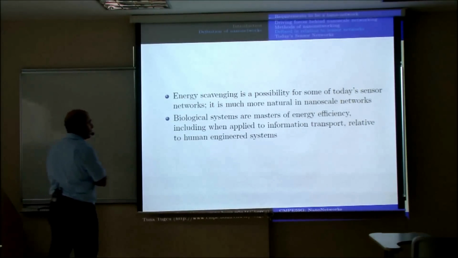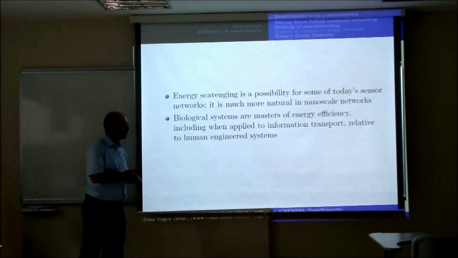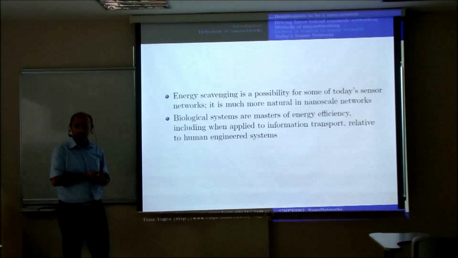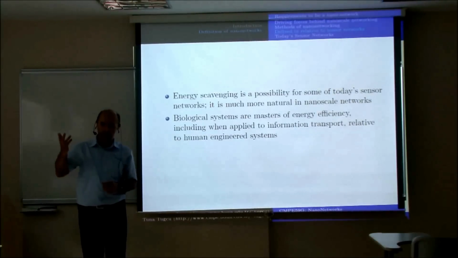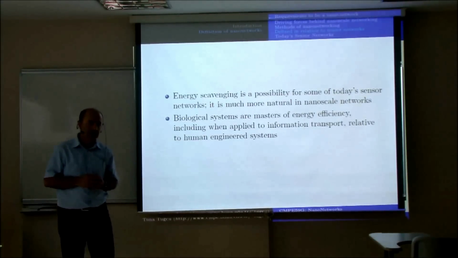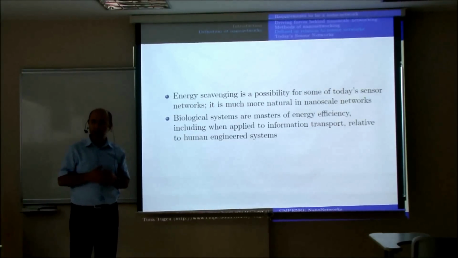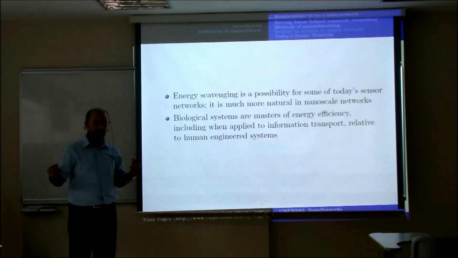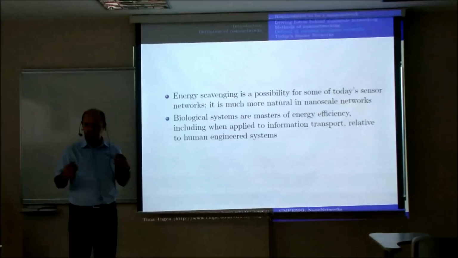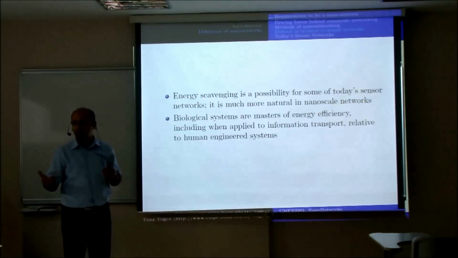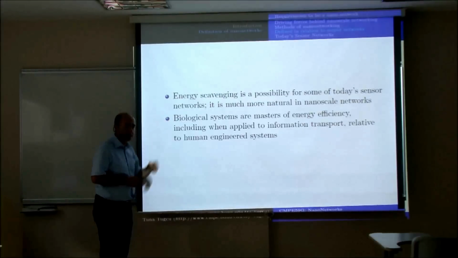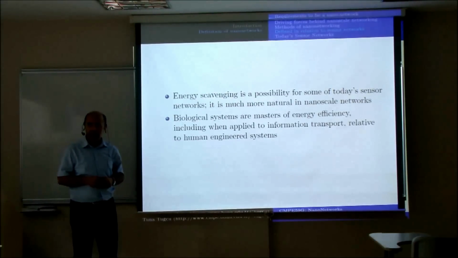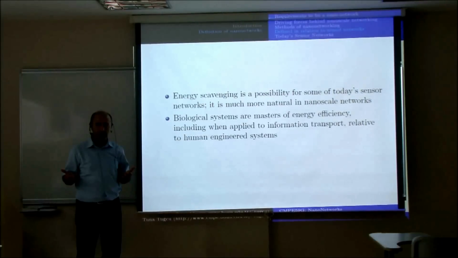So energy scavenging is a method for sensor networks. Mostly people have considered, for example, solar power. But in many applications, the nodes fall into positions on the ground that do not get sunlight, so it doesn't always work. In the case of biological systems, the energy source could be different.